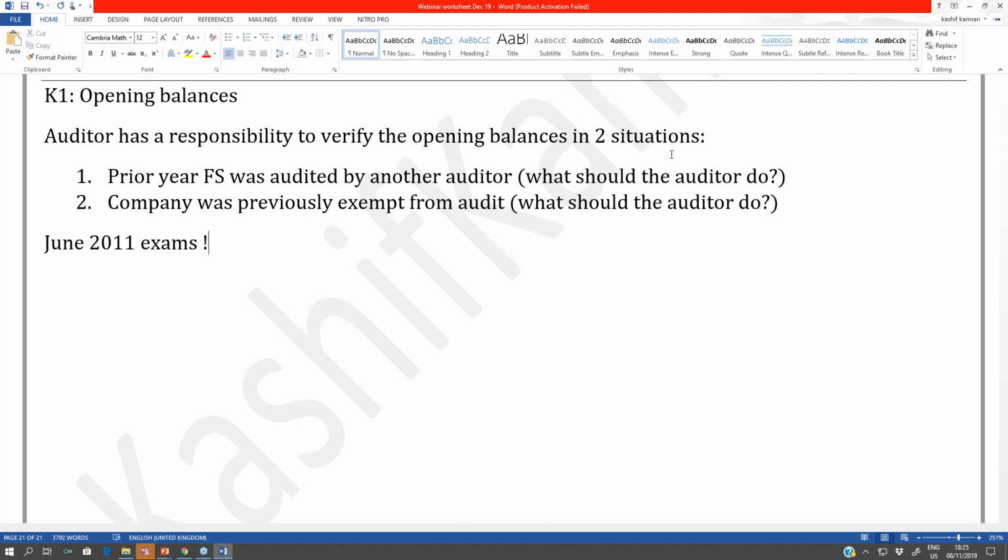I have included that question paper in the resources because you cannot search for that old question paper. But opening balances is still part of the syllabus. Can it be re-examined? It can be.